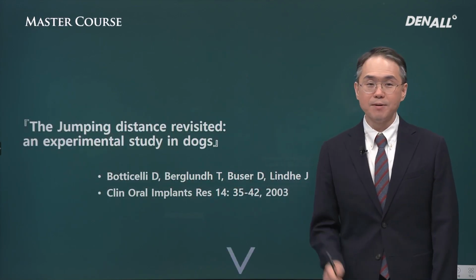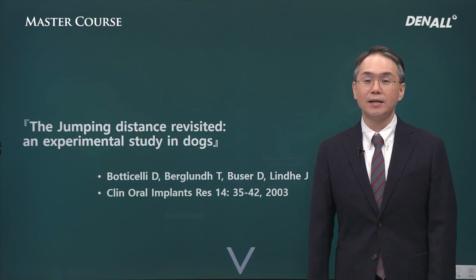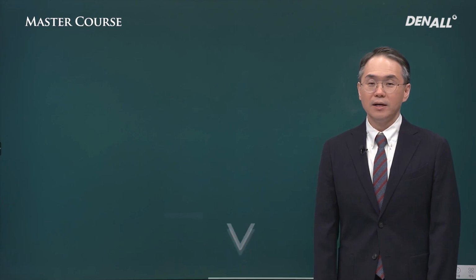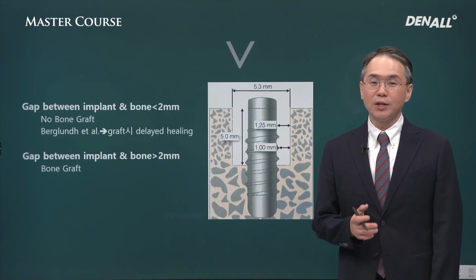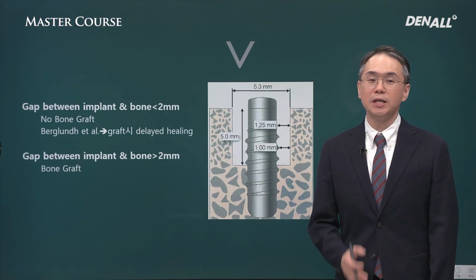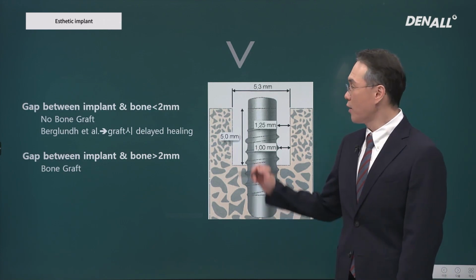When we do graft management, there's this research that is frequently referenced. This is by Botticelli in 2003. It is called jumping distance. After doing immediate placement, the maximum distance of gap that can be filled up naturally without bone graft refers to jumping distance.